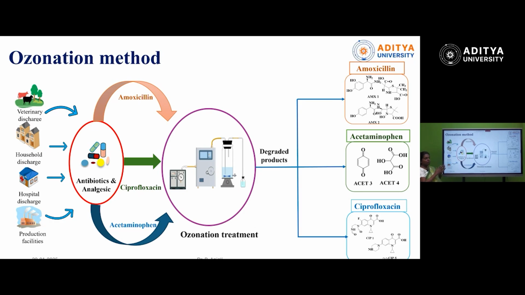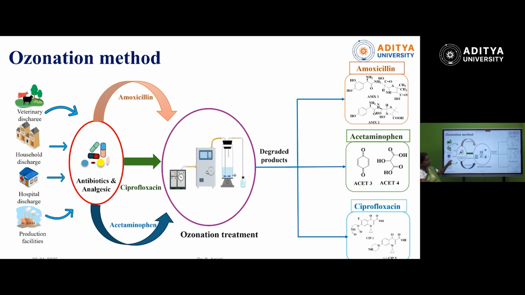So here we have to optimize. For this optimization, the parameters I chose are pH, ozone concentration, and time. With varying ozone dosage and so on, how much removal is happening? Because these are two different groups, please think that antibiotics are there and an analgesic is there.